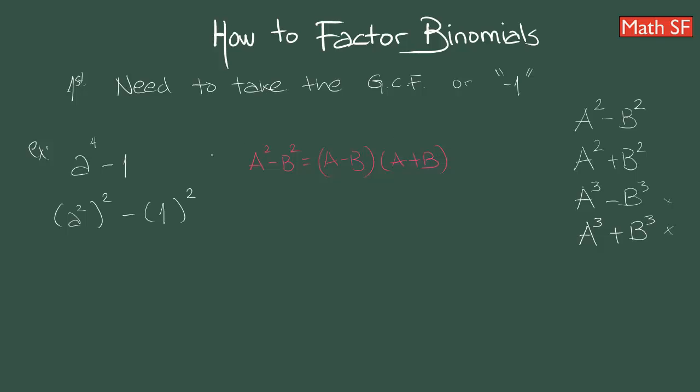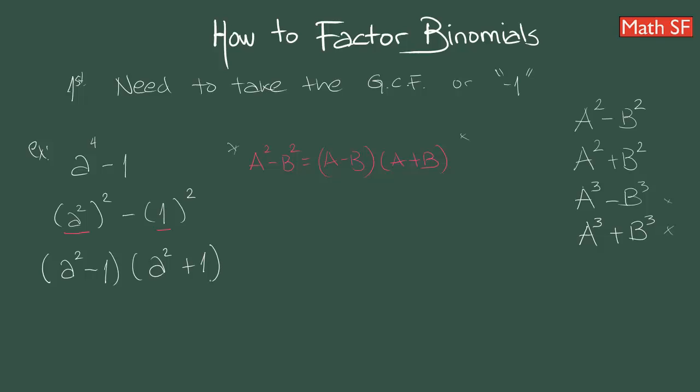So we will still use this formula, but in this case, our a is going to stand for a squared, and our b, our second term, is going to be 1. So be careful with that. The factorization is going to be a squared minus 1 times a squared plus 1.